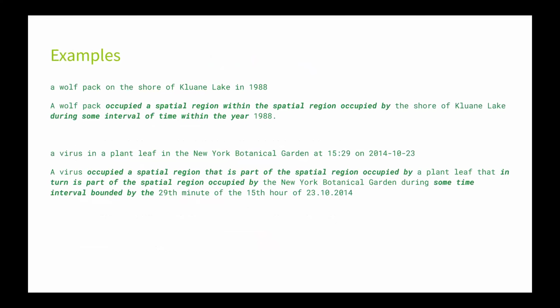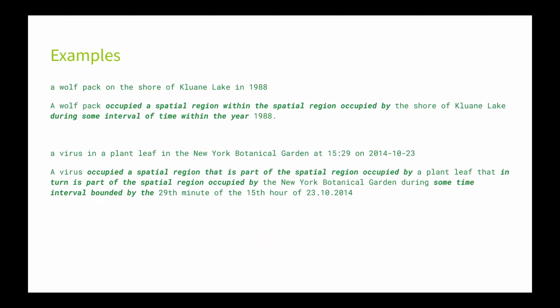Let's see how the first two examples given for the occurrence term in the Darwin Core Standard would be interpreted against the backdrop of this model. The first example of an occurrence is given as a wolf pack on the shore of Turan Lake in 1988.